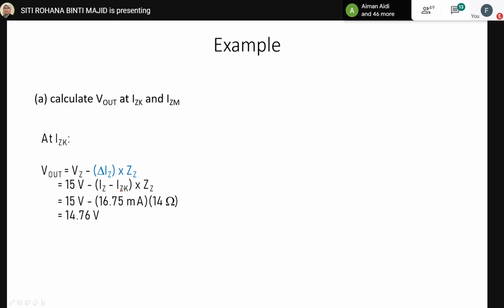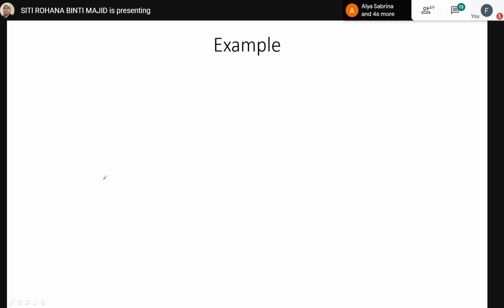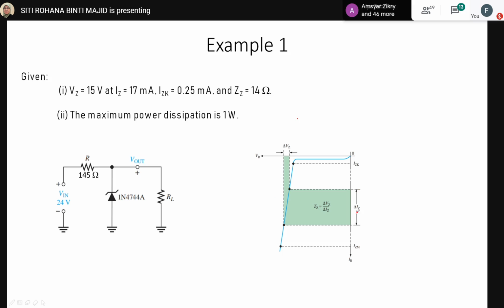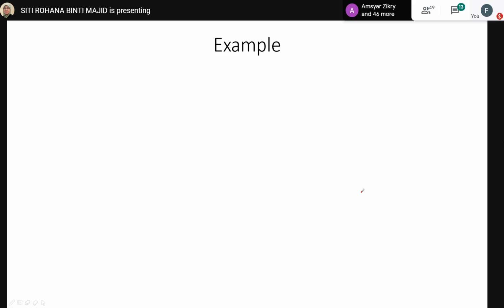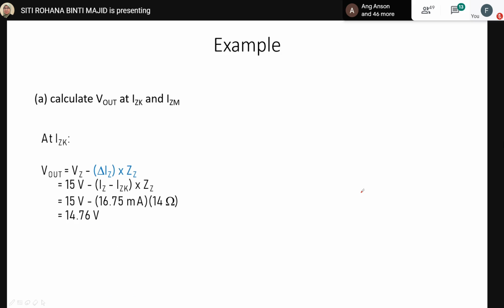The tricky part, normally students make mistakes here because they don't know how to find delta IZ. Again, you should refer to how to get delta IZ. After we calculate these values, we will get V out as 14.76 volt.